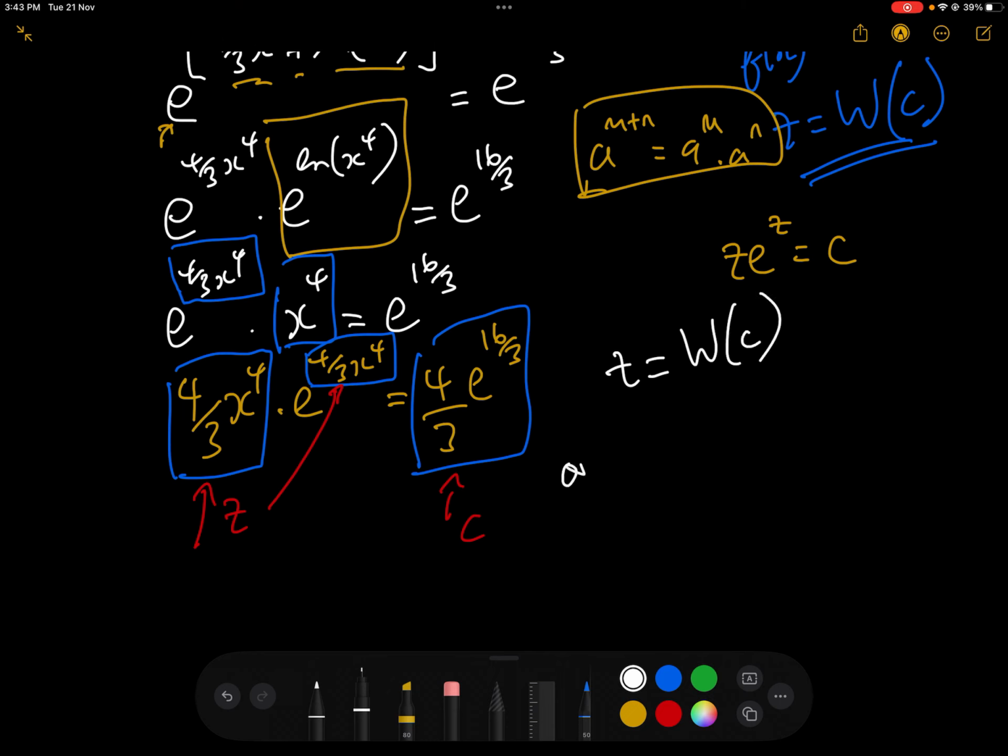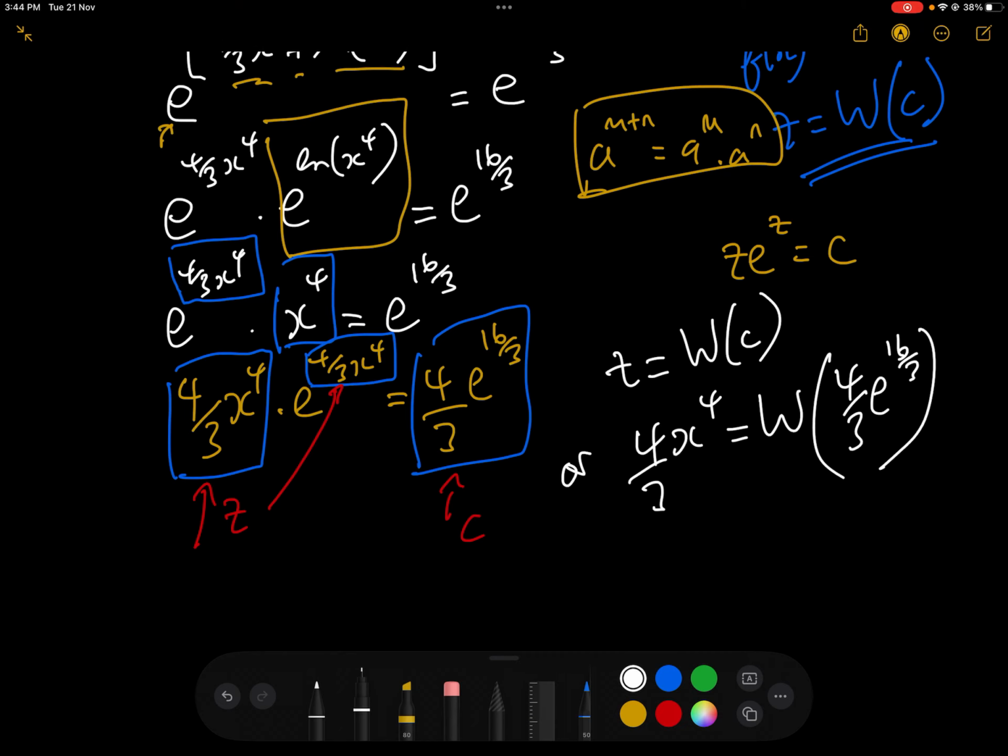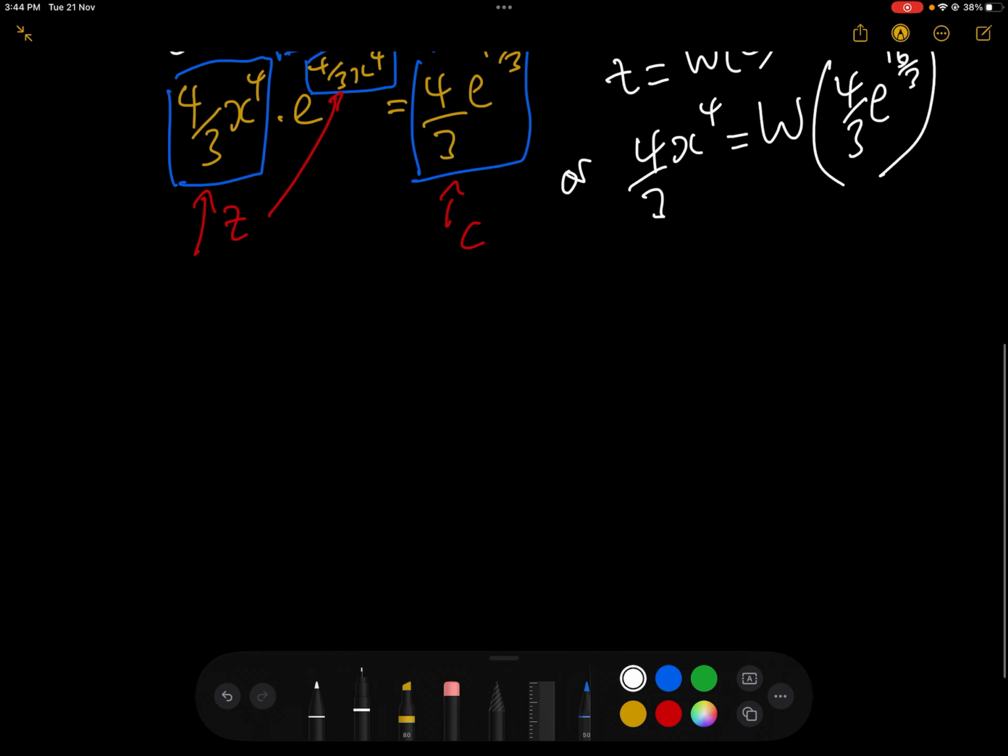So the solution to that is z equals W of c, or using this actual equation, we have 4 over 3 x to the power of 4 equals the Lambert W function of the constant 4 over 3 e to the power of 16 over 3.